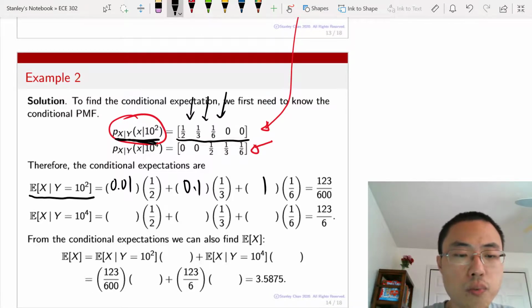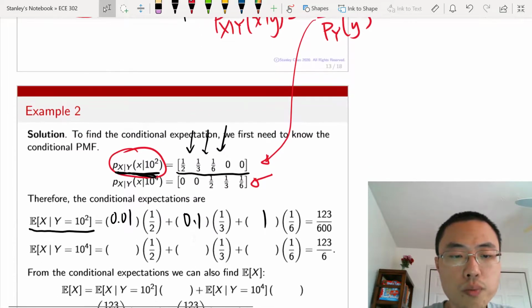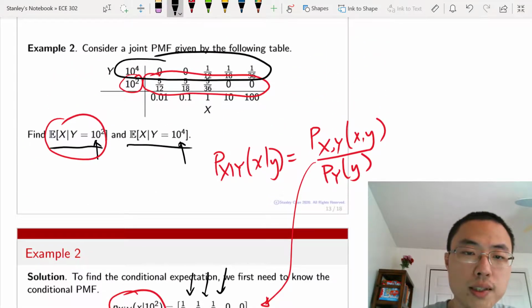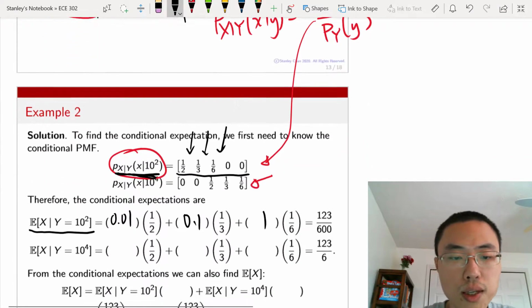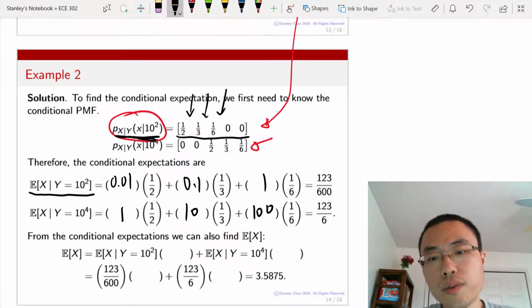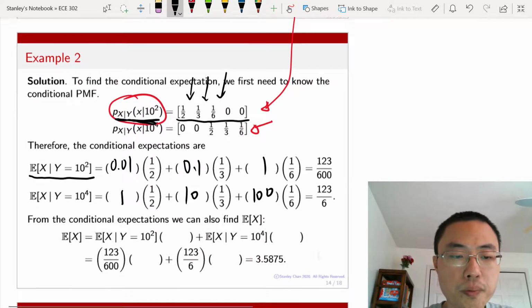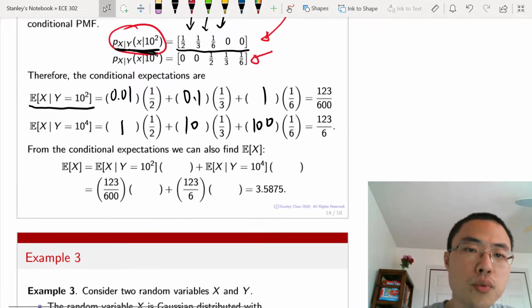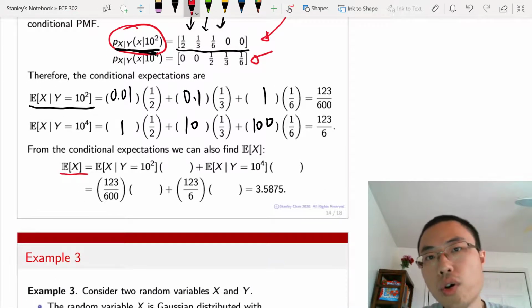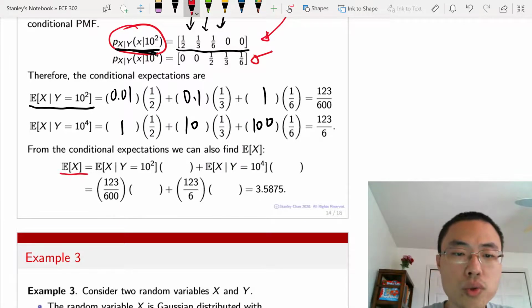When y is 10 to the power 4, then what would be the values? Well, you're looking at this set of numbers. So then you will have 1, and then 10, and then 100. You do the calculation, and you'll be able to get to this number. So finally, if we want to find the expectation of x using the law of total expectation, how are we going to do that?